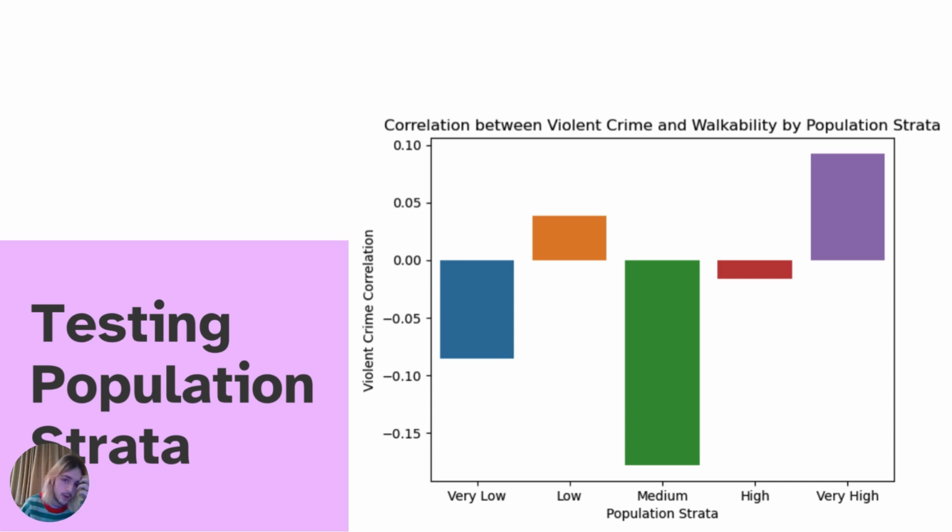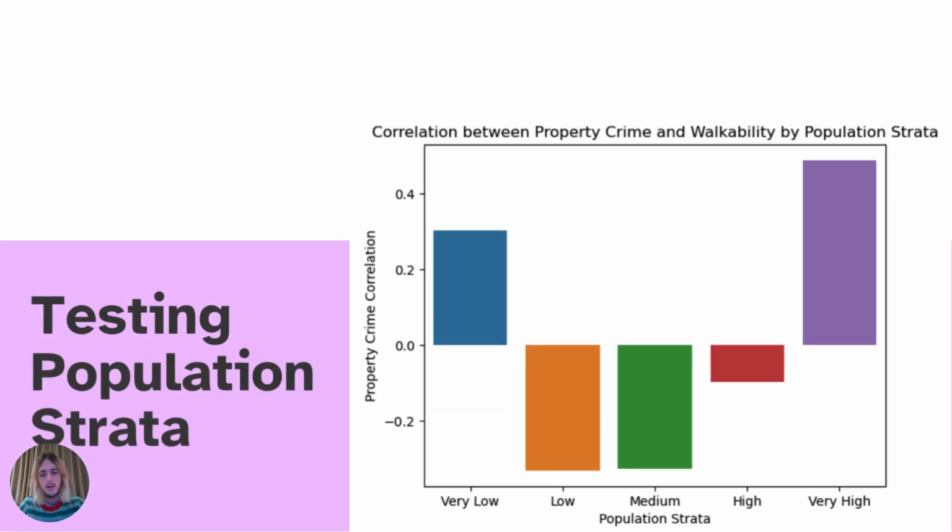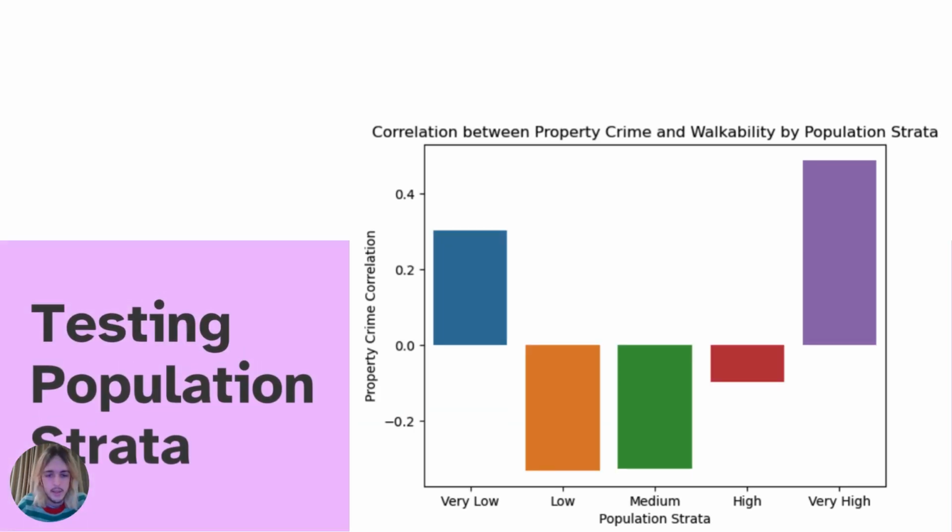Here's the graph for the violent crime and walkability. As you can see, none of the correlations get any further than around 0.18 in magnitude, which is no correlation at all. And then here is the same graph for property crimes. As you can see, the spread is a little bit higher. For very high populated cities, there is a very, very slight positive correlation between walkability and property crime.